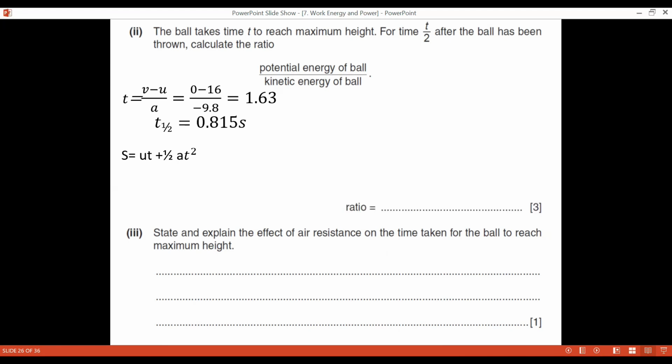Initial velocity is 16. Time is now 0.815. So from here, we find the value of h and it comes out to be 9.78. So potential energy will be due to the height of 9.78. Total height was 13.